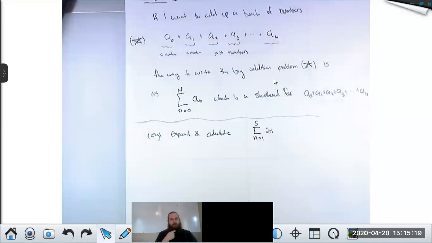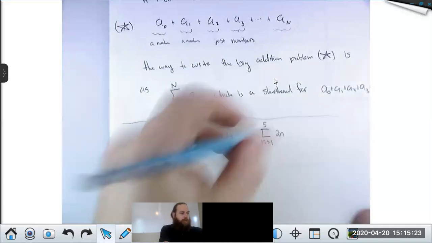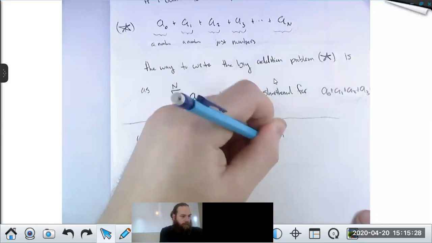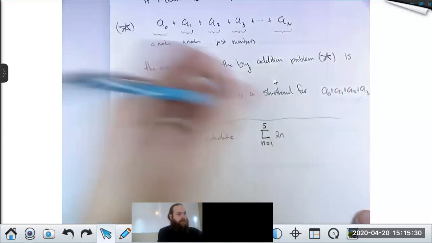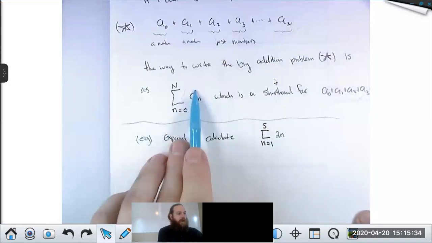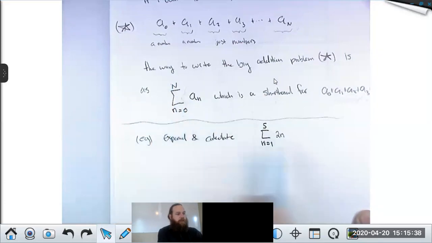Okay? So what does this notation say? This notation says I'm going to take this thing and add it up over this range of n.